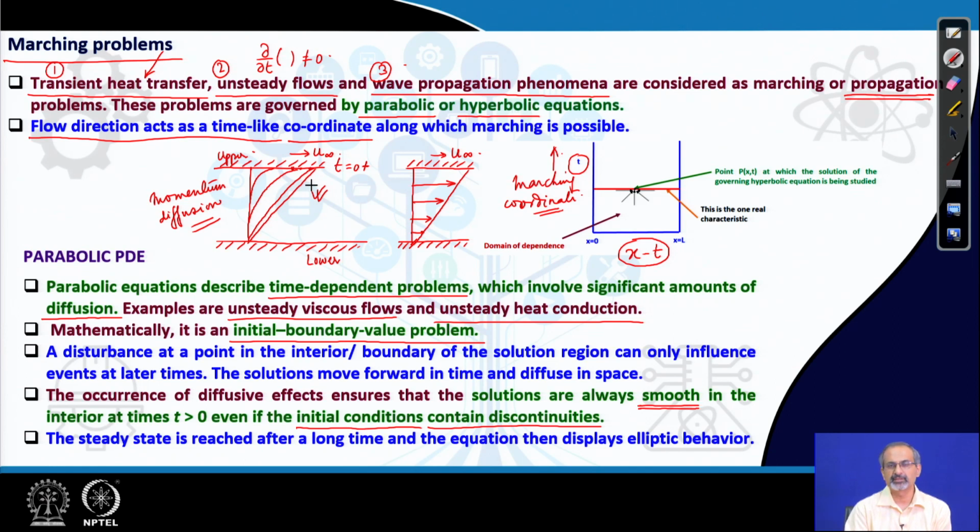You may consider that to be a discontinuous change, but irrespective of that, the solution in the interior domain remained smooth. The steady state is reached after a long time and the equation then displays elliptic behavior. That is what we saw over here, that as t tends to infinity, asymptotically a steady state solution will be generated which has an elliptic behavior.